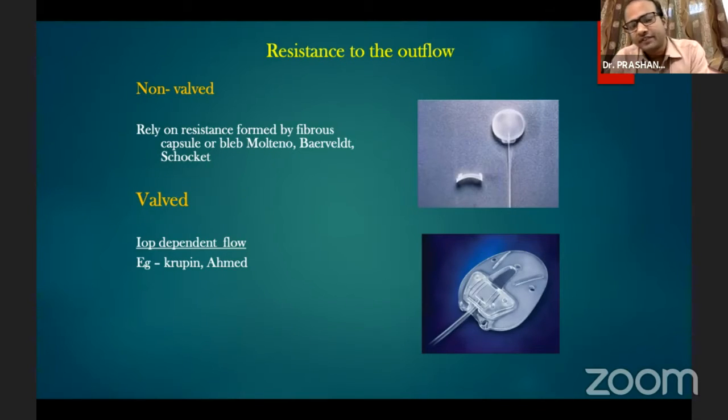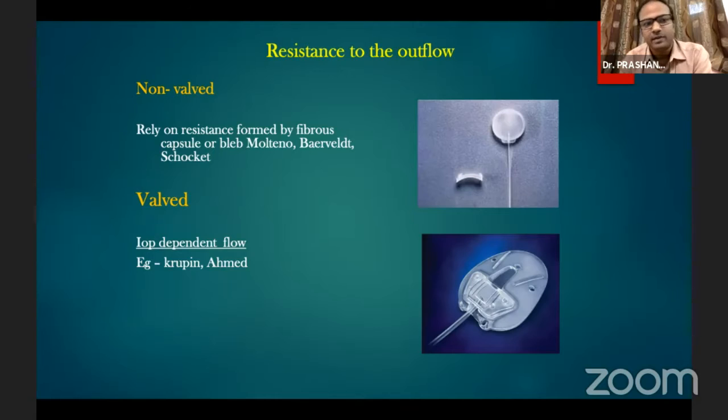These are cases of refractory glaucoma in which the chances of success of trabeculectomy are less as compared to the conventional, so we can directly go for an implant. Implants are of two types: valved and non-valved. An implant is in the form of a tube that connects the anterior chamber to the subconjunctival space, so it drains the aqueous directly from the anterior chamber to the subconjunctival space.